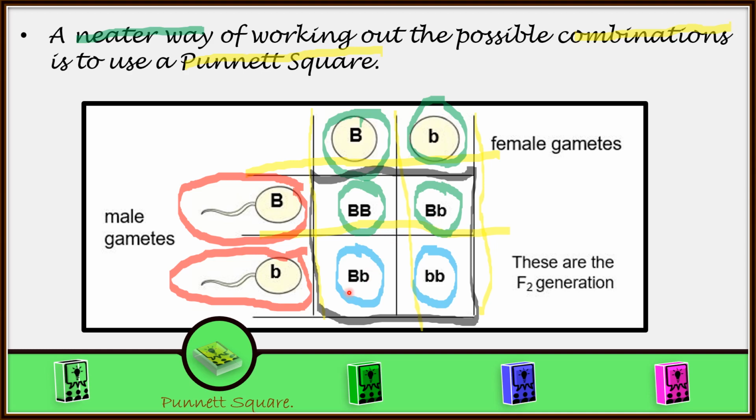We have another one, capital B, small b, which has a black coat. And then we have another one, small b, small b, which has a brown coat color. These are what we call the F2 generation or second filial generation.